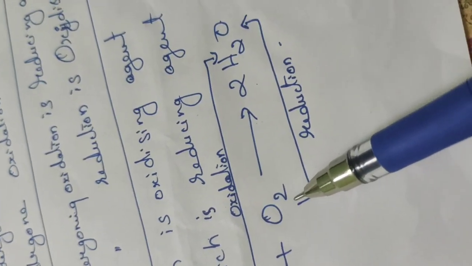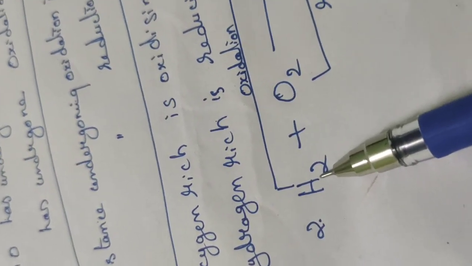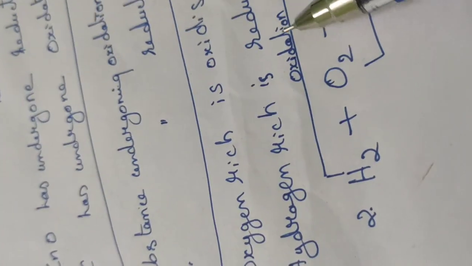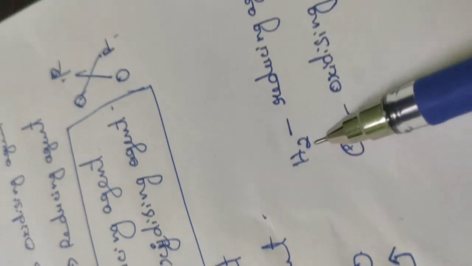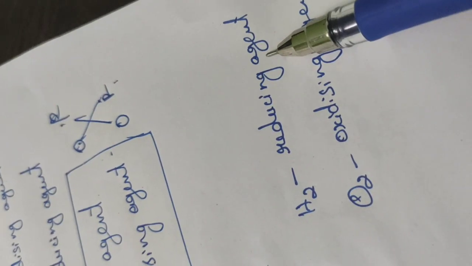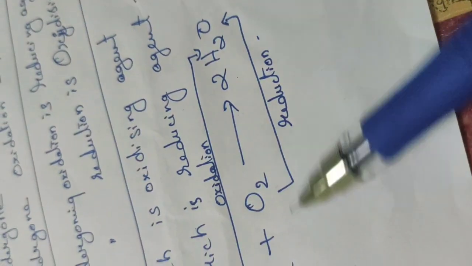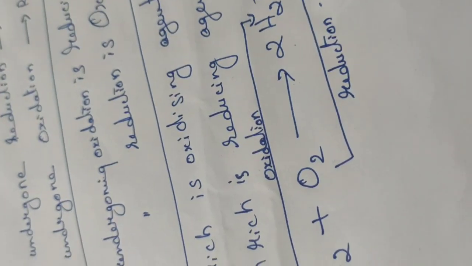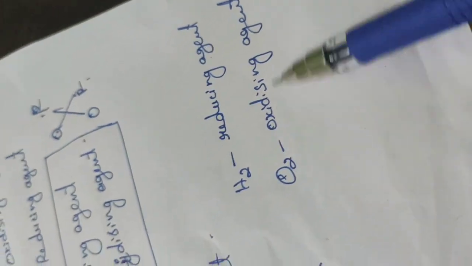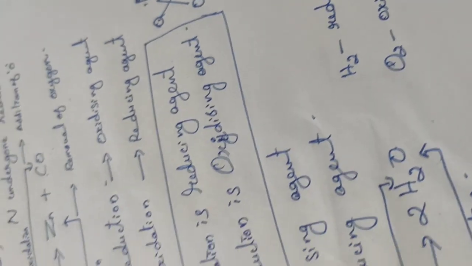Hydrogen got added. That means it has undergone reduction. Now tell me, what is hydrogen here? What happened to hydrogen? Oxidation. So hydrogen is the reducing agent. What happened to oxygen? Reduction. So oxygen will be the oxidizing agent.